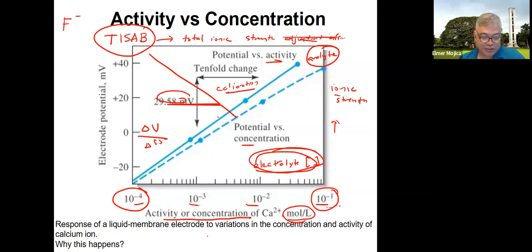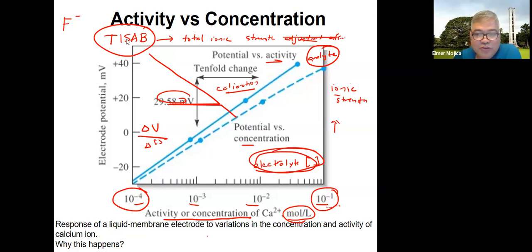And the explanation they have is that you try to augment or increase the ionic strength, because the ionic strength, in terms of the electrolyte that you have there, would affect the reading. I'll try to go over my notes here because I'm just following what is being said in these figures.